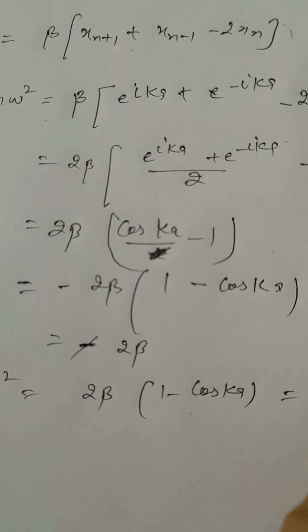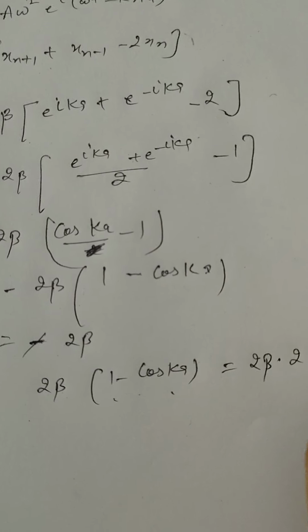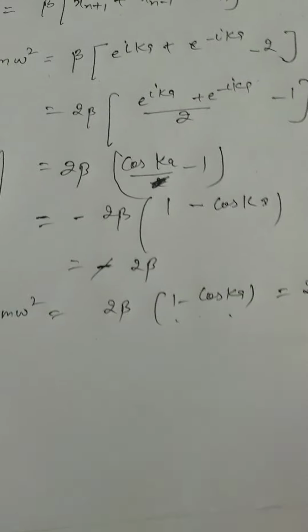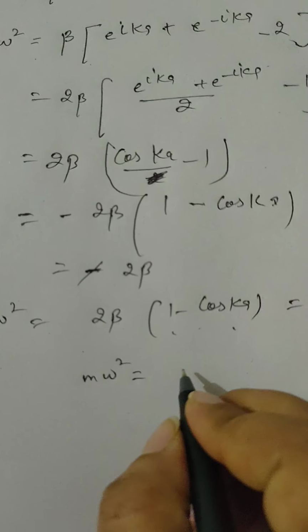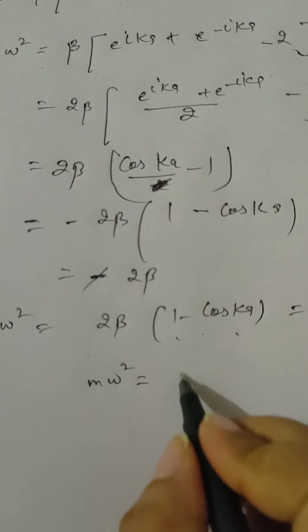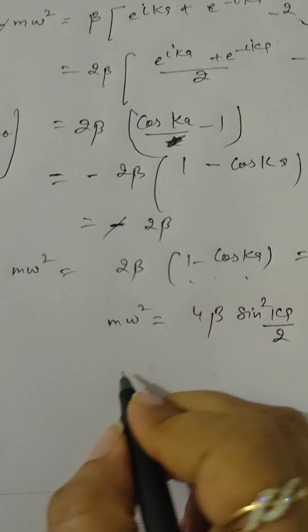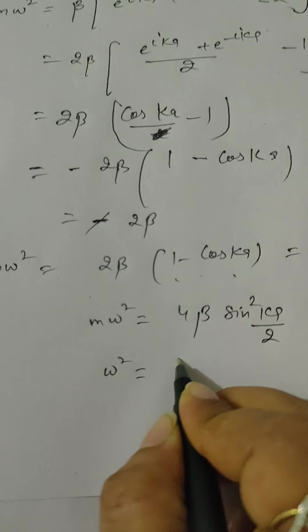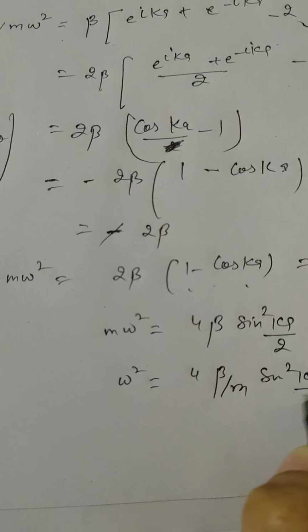It will be 2 beta (1 minus cos theta), and 1 minus cos theta is 2 sin square theta by 2. So m omega square is equal to 4 beta sin square ka by 2. Omega square is equal to 4 beta by m sin square k by 2.